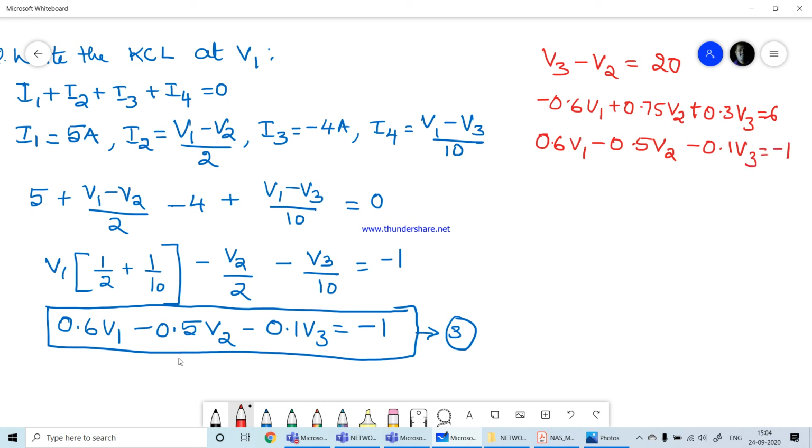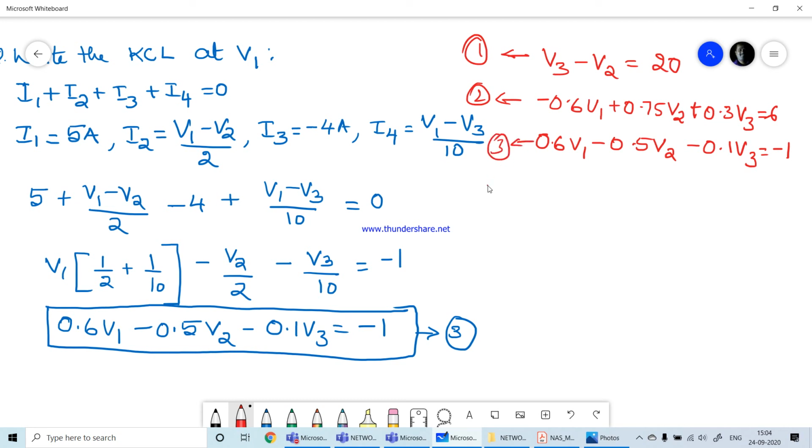Should we use Cramer's rule, or can we do without that? See, we have minus 0.6 V1 and plus 0.6 V1. If we add these two, we get an equation in terms of V2 and V3, right? So this is 1, this is 2, this is 3.